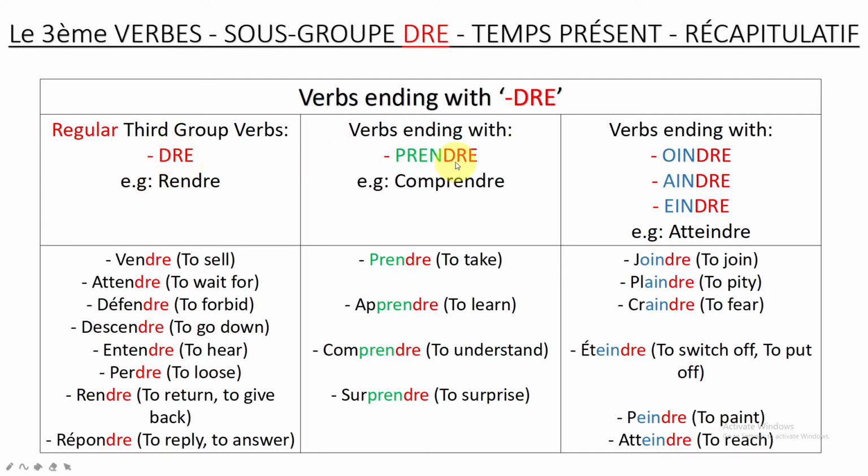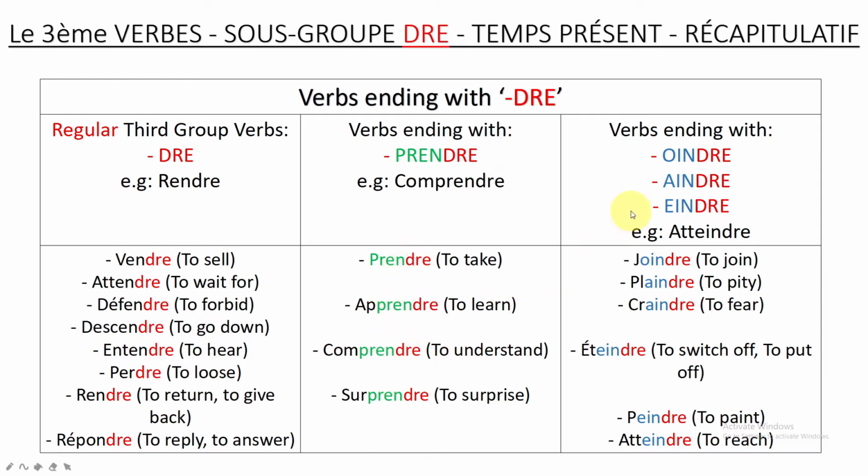If there is another verb ending with DRE, but before the DRE we have PREN, then it should be in the group of verbs ending with PRENDRE. If you take this verb, you will see that it's comprendre. It ends with PRENDRE.